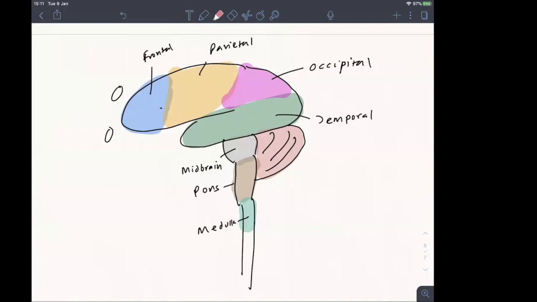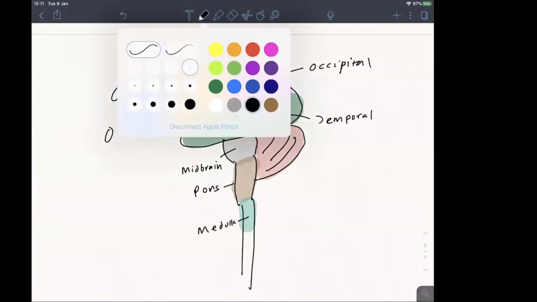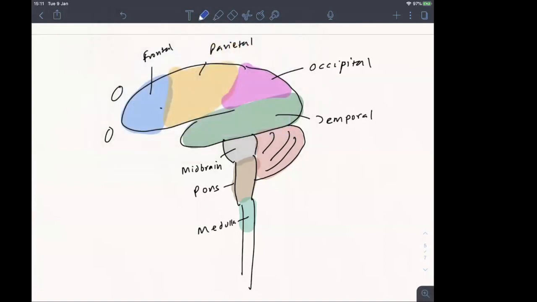So how does this happen? Now, there are certain areas that you need to know. One is in the frontal lobe, there is something called the frontal eye field. Now, the frontal eye field is the area of the brain that will decide.